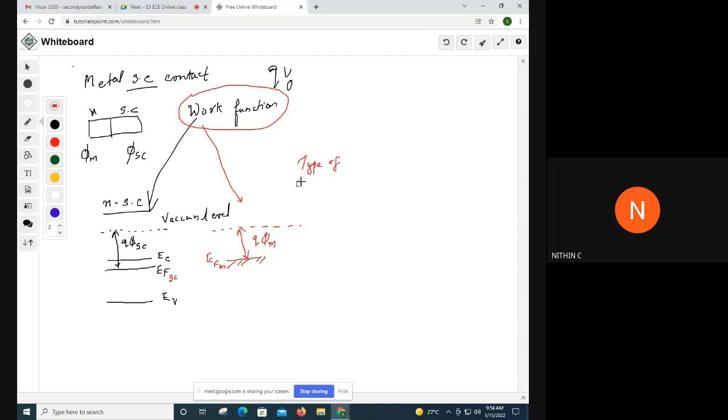Type of contact, and here you have relative work function. If I am comparing the work functions, if phi m, that is the work function of the metal, is greater than phi s.